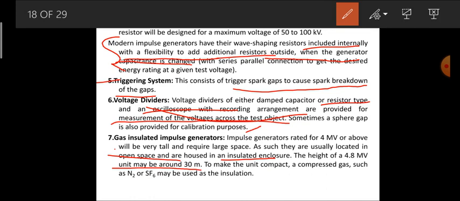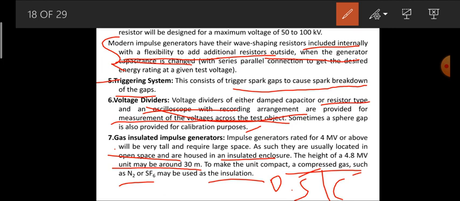To make the unit compact, a compressed gas such as nitrogen or SF6 may be used as the insulation. These impulse generators are needed to generate very fast transients, with a time duration of say 0.5 to 5 microseconds, for testing a GIS system, a gas insulated system.